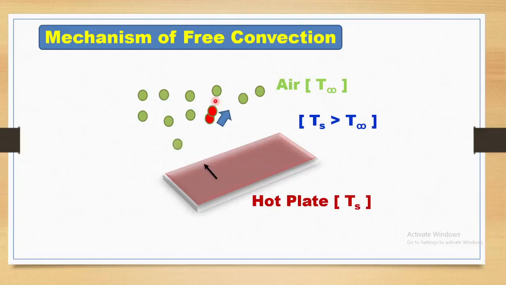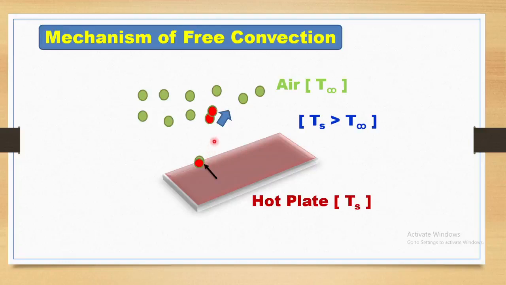Meanwhile, another cold air particle which is heavier will come and occupy the space vacated by the previously heated particle. Once again, by virtue of temperature difference between this cold air particle and the hot plate, heat will transfer, and the cold air particle will once again become heated, and this process will go on.